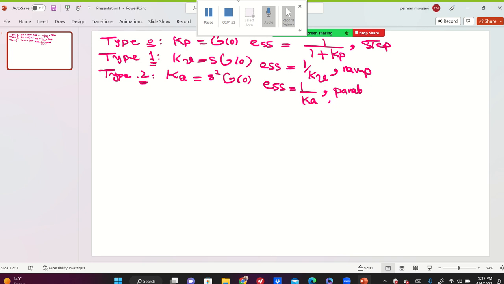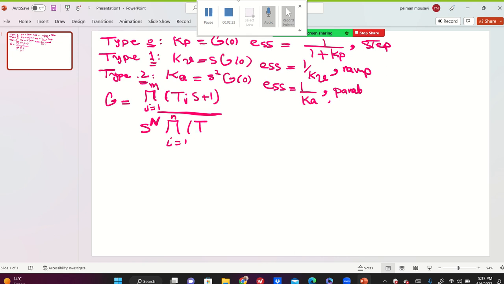And I introduced that G, or transfer function, was the multiplication of (Tj s plus 1) for j from 1 to m, divided by s to the n, where n is the type of the system, and multiplication for i from 1 to n of (Ti s plus 1).